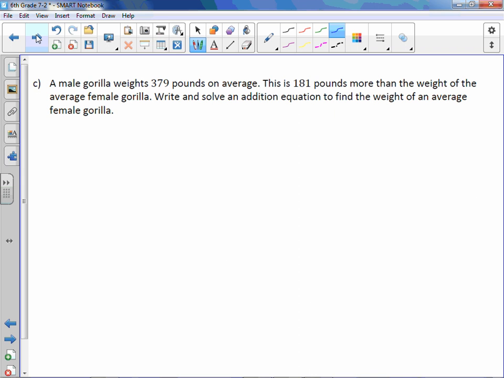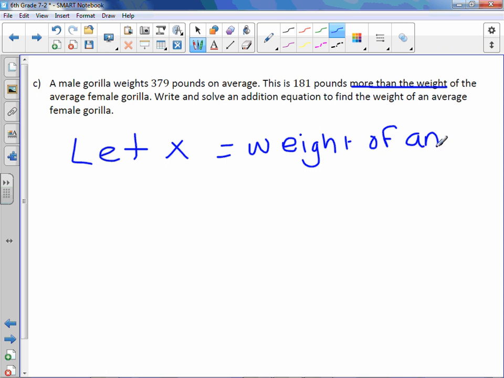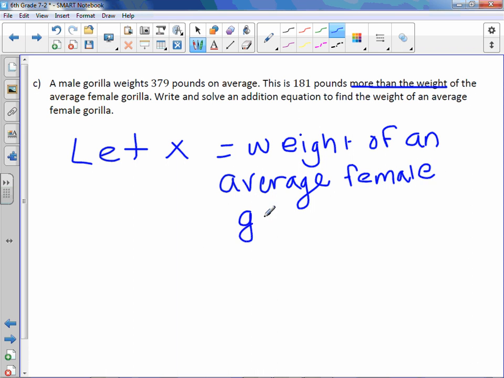Letter C. A male gorilla weighs 379 pounds on average. This is 181 pounds more than the weight of the average female gorilla. Write and solve an addition equation to find the weight of an average female gorilla. So let x equal the weight of an average female gorilla.